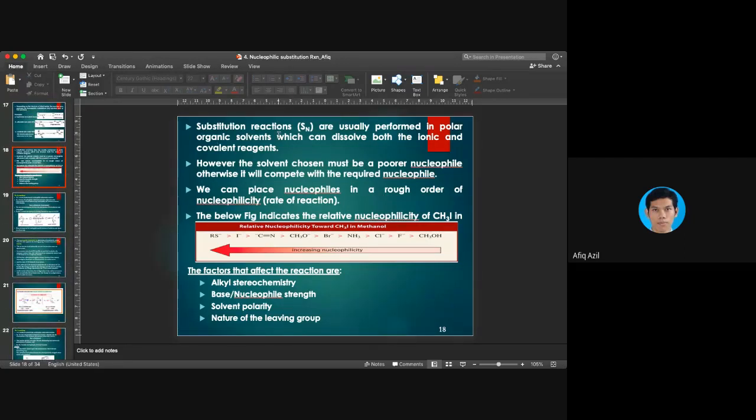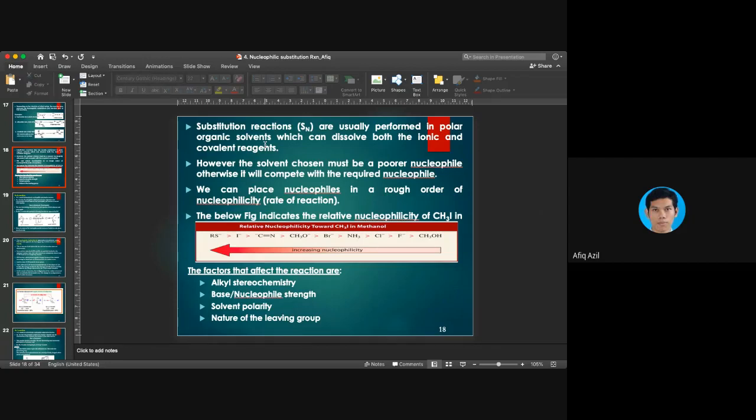Substitution reactions are usually performed in polar organic solvents, which can dissolve both ionic and covalent reagents. So you have to know how to differentiate what is an organic solvent. Organic solvents are those solvents that are actually organic compounds, for example methanol, ethanol, benzene, chloroform, tetrahydrofuran, dichloromethane.